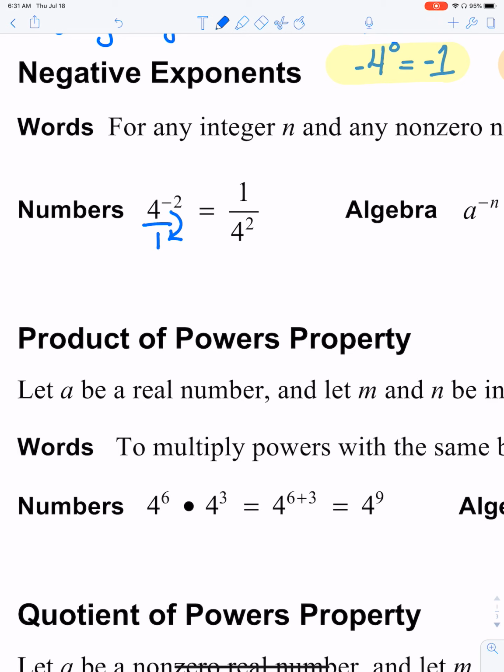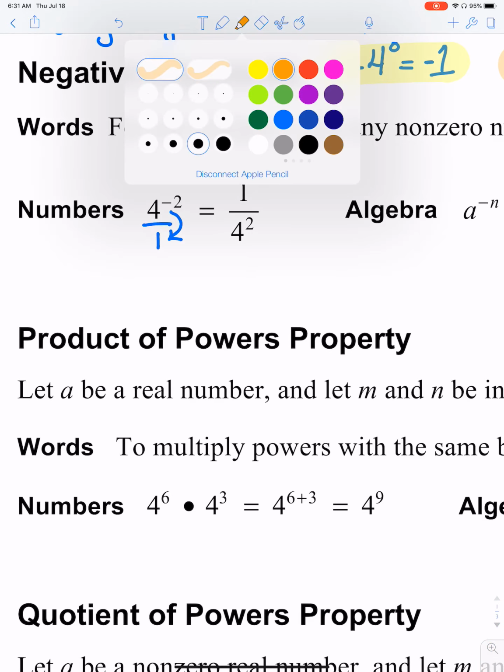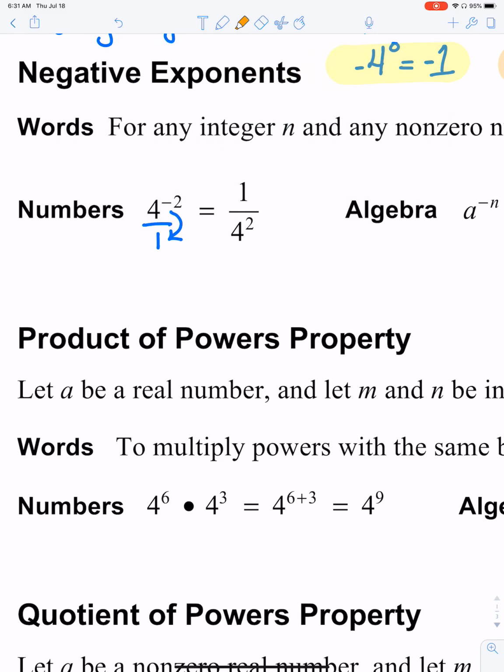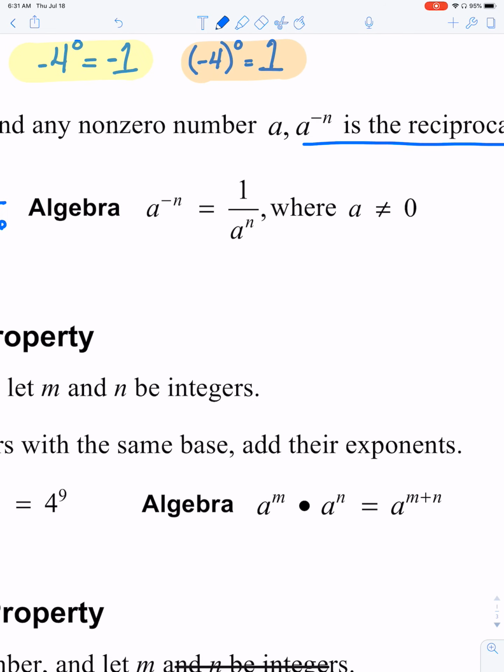When you bring it down, this negative right here goes away now. Notice there's no negative now, and it becomes 1 over 4 squared, which I know 4 squared is 16. So any number a to the negative n becomes 1 over a to the n.